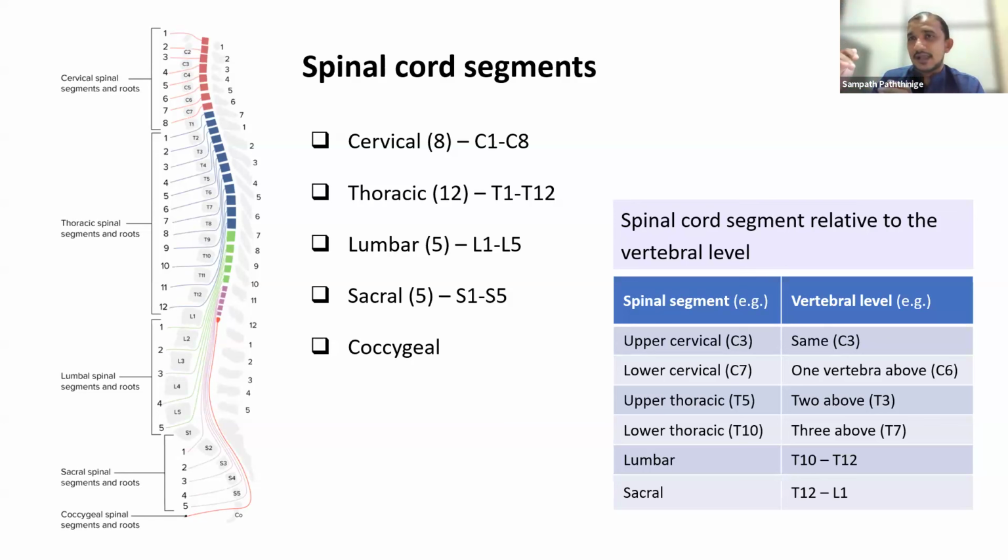Because the vertebral level is not directly tied with the spinal cord level. So having an idea about this, though it is not a hard and fast rule, in clinical settings we generally use it to demarcate the spinal cord levels that correspond to the different vertebrae, right?